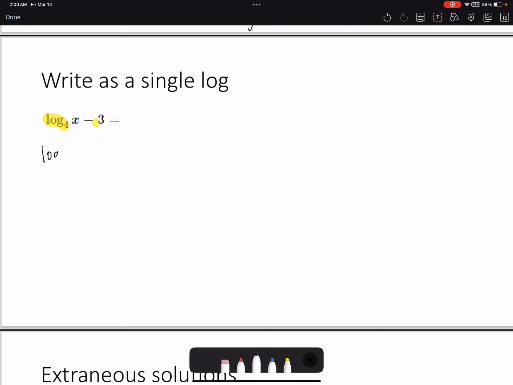So I'm going to write log base 4 of x minus 3 times log base 4 of 4. So then we have log base 4 in both places. The 3, I'm going to write it up here. So we have log base 4 of x minus log base 4 of 4 cubed.